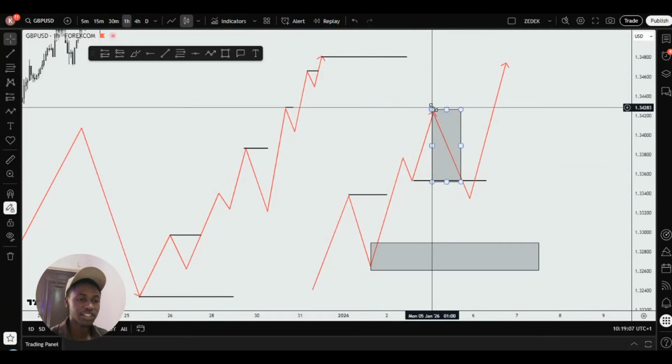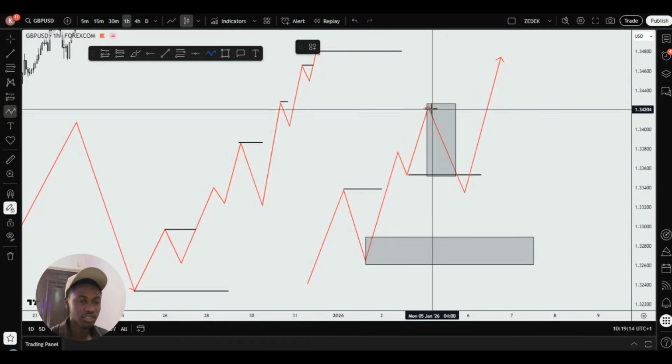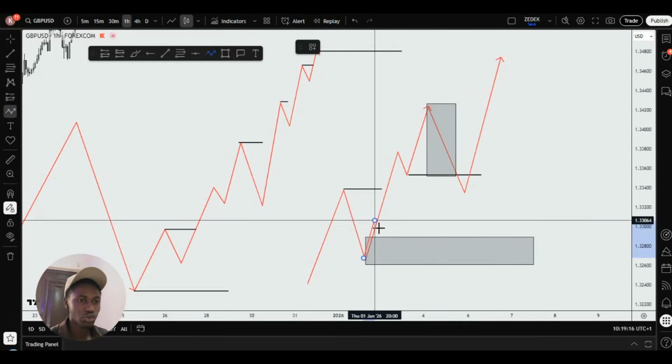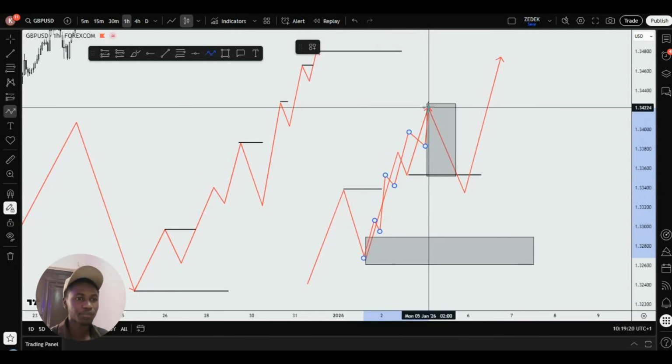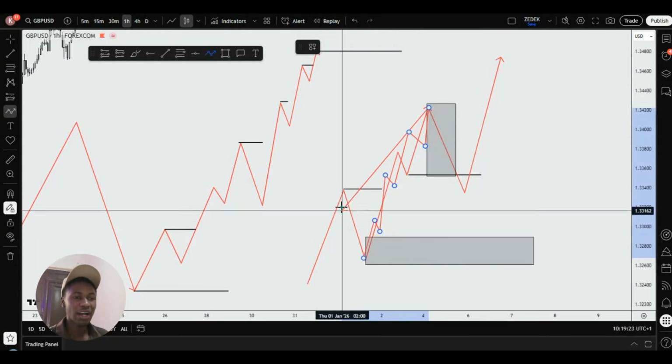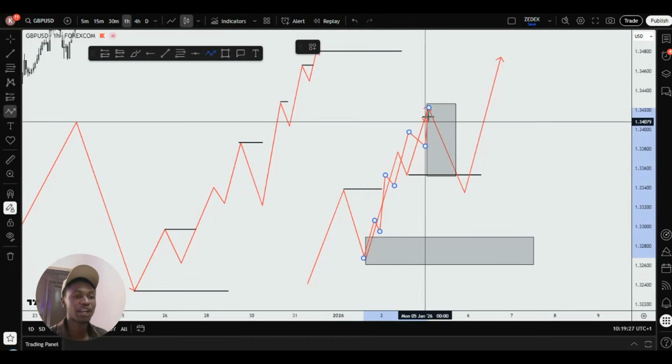When I say, okay, price is coming down to take this liquidity, what is happening is price from this leg to this leg was creating structures for a while, and then we had already had a higher time frame pullback here, and price has been buying for a while.